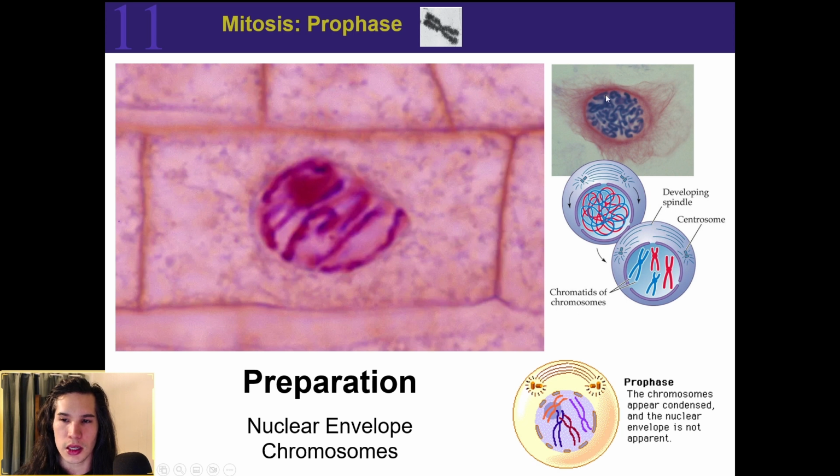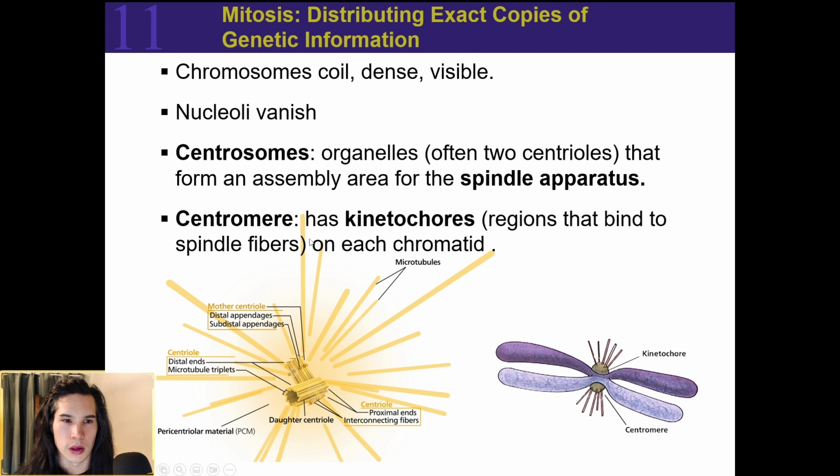You could actually see various condensed chromosomes. So again, your nuclear envelope dissolves, and your chromosomes will condense. Here it just says chromosomes appear condensed, nuclear envelope is not apparent. So prophase is the first phase of mitosis. I associate it with preparation.